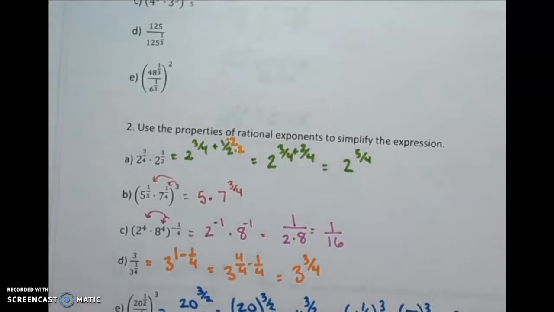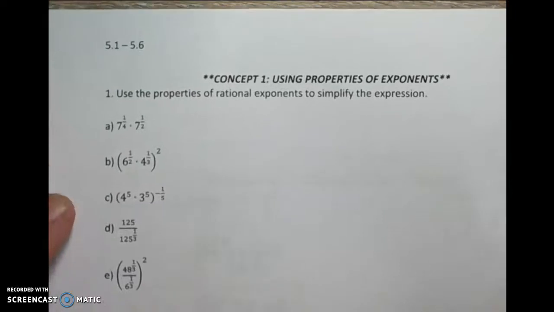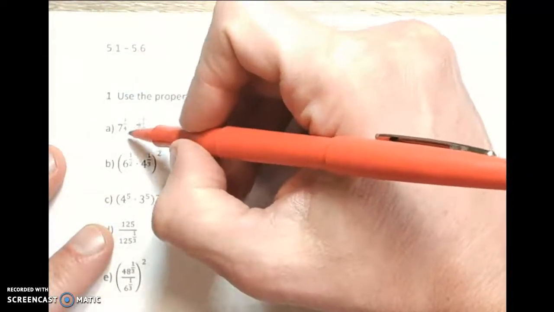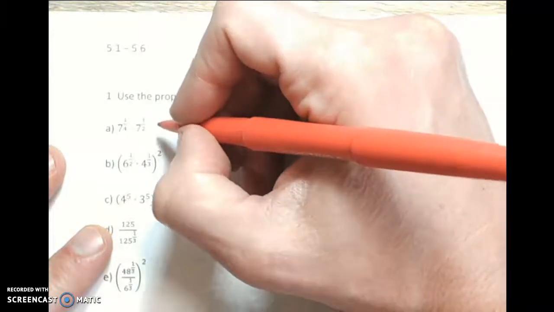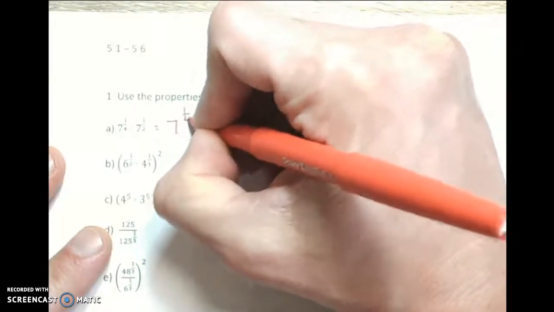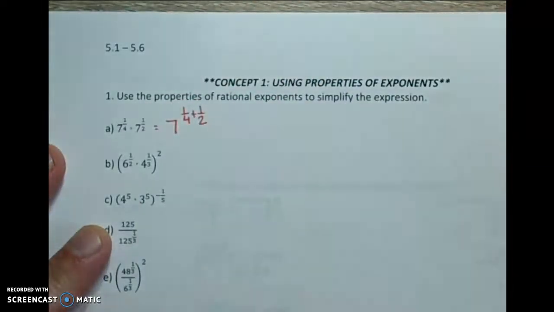Use the properties of radical exponents to simplify the expression. Okay, so here we go. Number 1, I have 7 to the 1/4 power times 7 to the 1/2 power. Since I have like bases, I add my exponents. So that equals 7 to the 1/4 plus 1/2 power. Now what do we know? In order to add fractions, we must have common denominators.